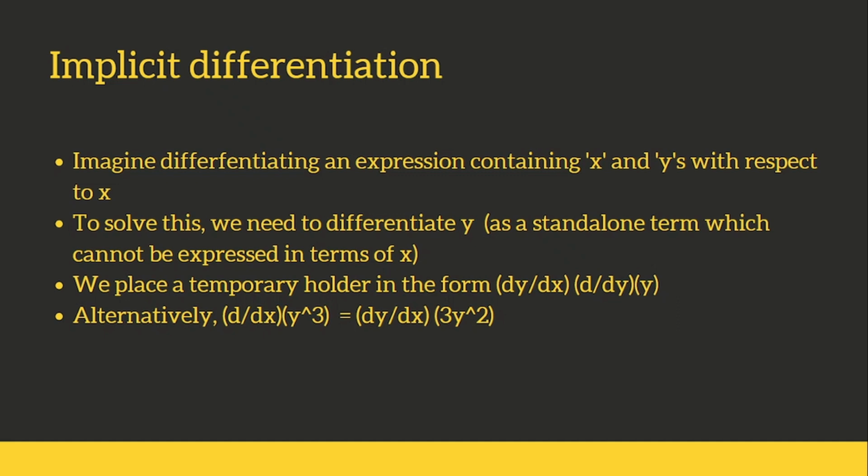So let's say we want to differentiate y cubed. When we do this, the output will be dy dx. Then you differentiate the y power 3 with respect to y. So in that case, you bring down power reduced by 1, you get 3y squared. So that's how you do implicit differentiation.